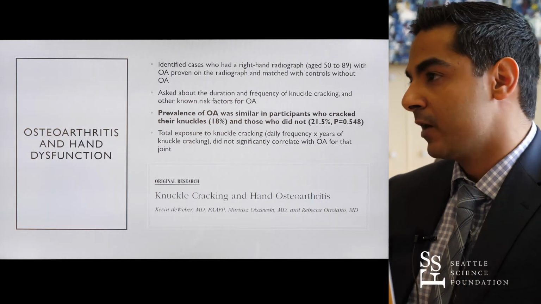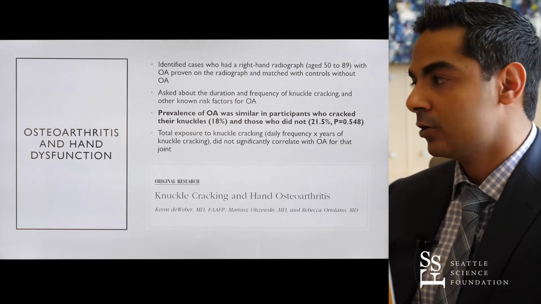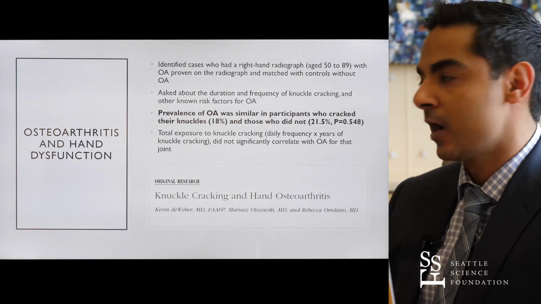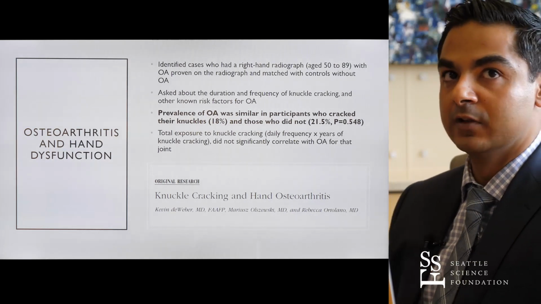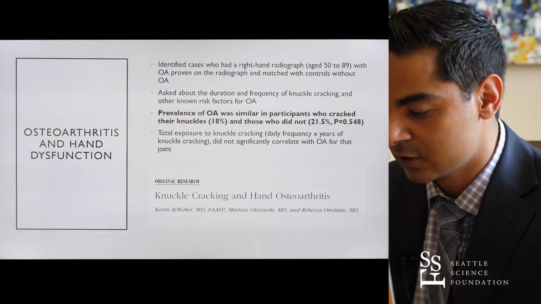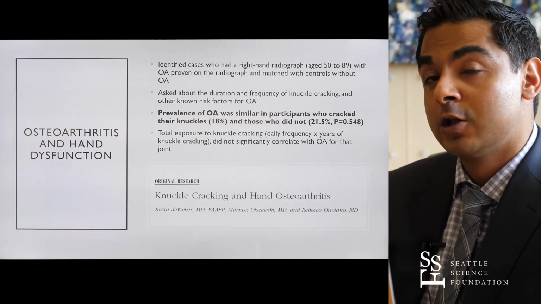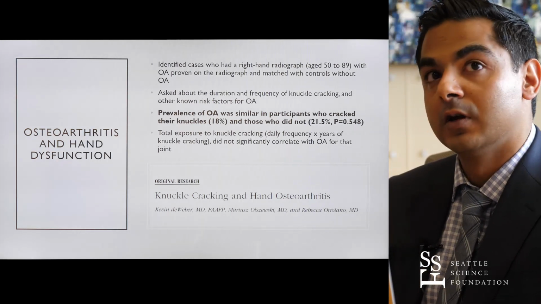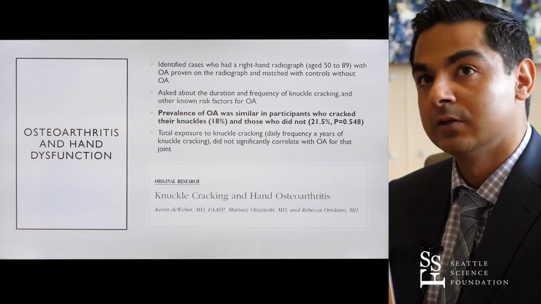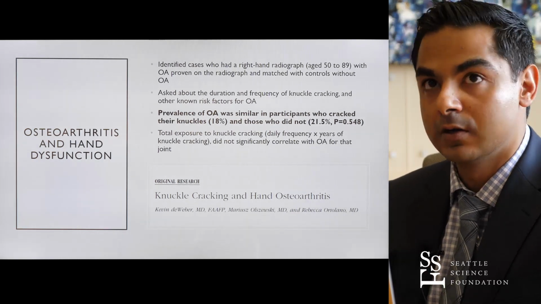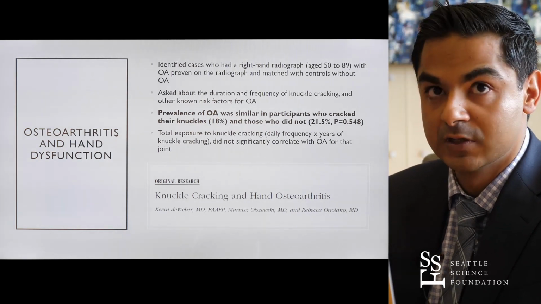So this is a better study because this is a case control, which is higher on the hierarchy of levels of evidence compared to the previous ones. And they also looked at the total exposure of knuckle cracking years, that's what they called it, and it had no difference.